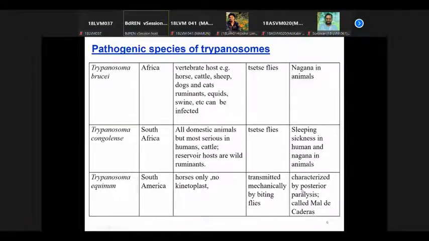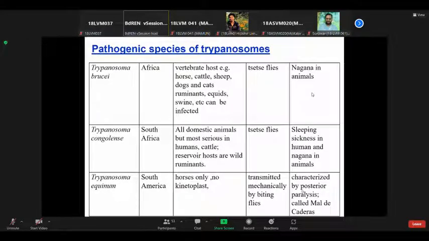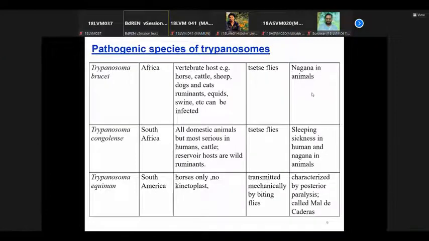Try to remember, in the horse there may be posterior paralysis. Posterior paralysis has many causes. One of the reasons may be Trypanosoma equinum if it is in South America. I will talk about Bangladesh later, there is a history of this Trypanosoma in Bangladesh, and later on I will discuss it. Together this condition is called mal de caderas.